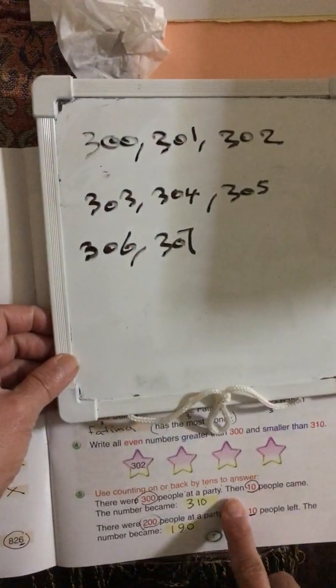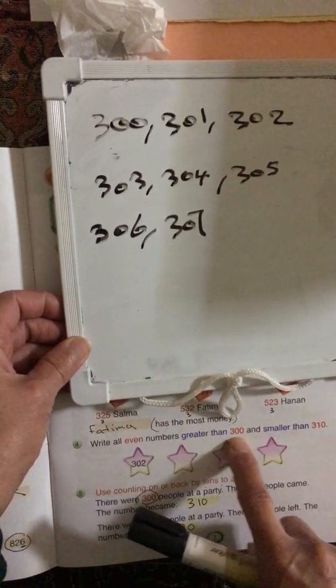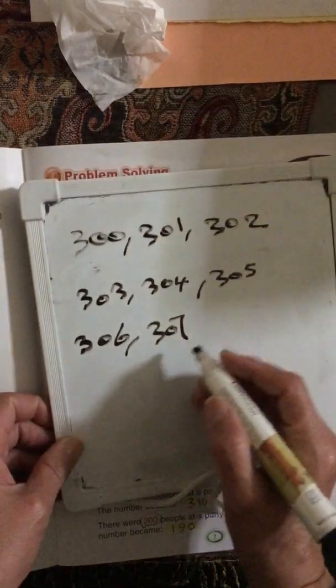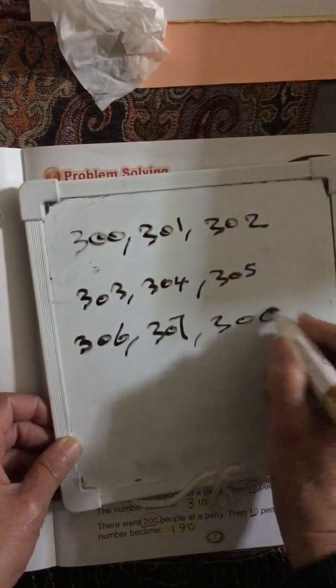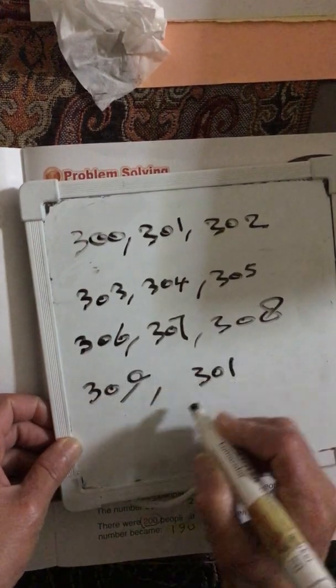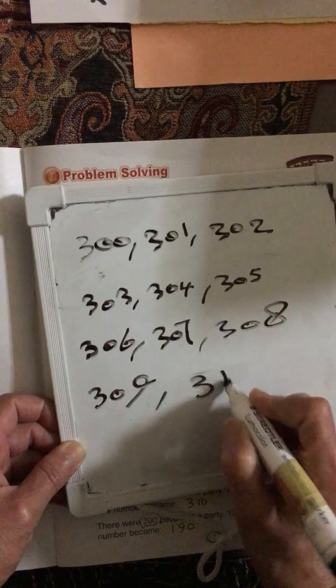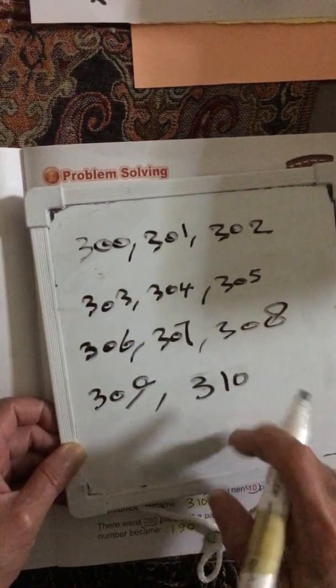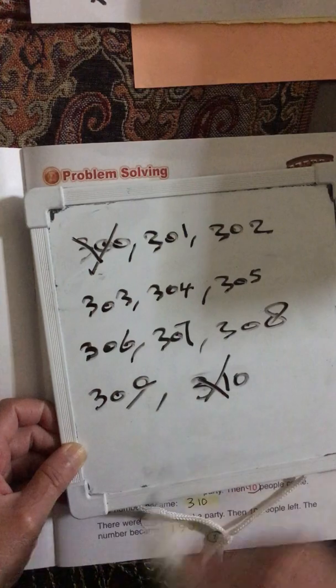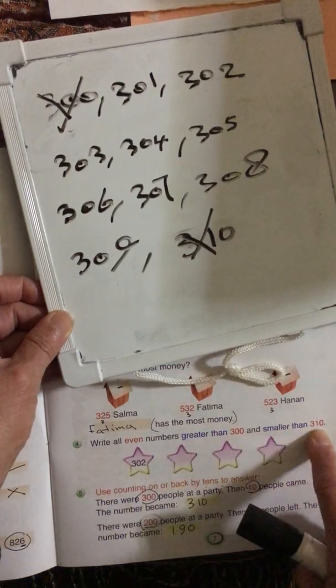They said less than, so 308, 309. Okay, 310, they said smaller than 310, so 310 is not included. They said the numbers that are between this one and this one, so this one is not included and this one is not included. Which are the even numbers? They said write all even numbers greater than 300 and smaller than 310.